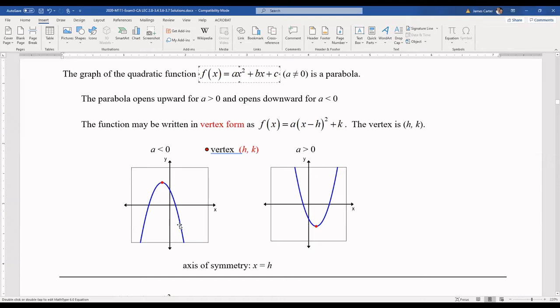Now, in vertex form, the H, the opposite of the sign, will be two things. One is the X value, which will give you the line of symmetry.